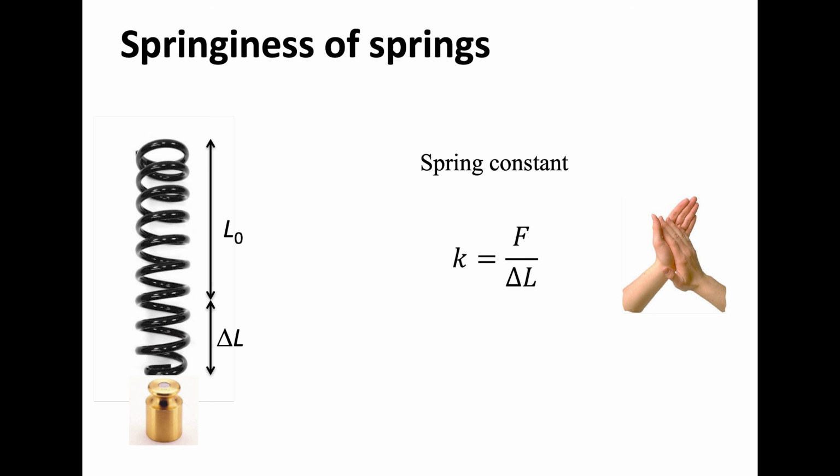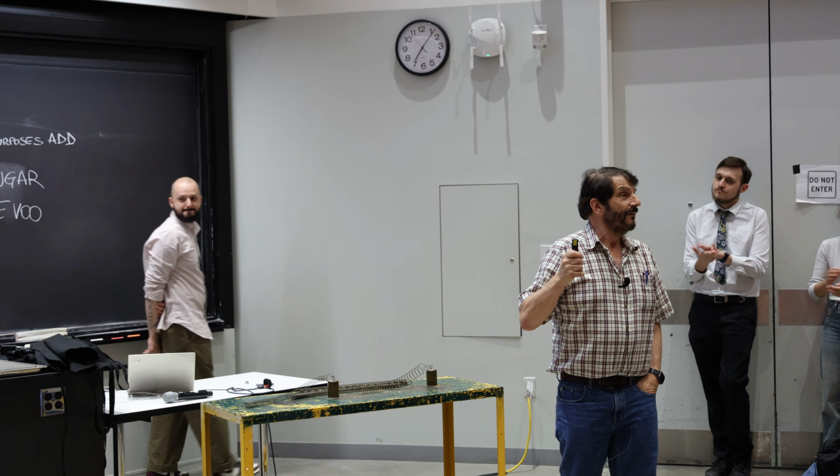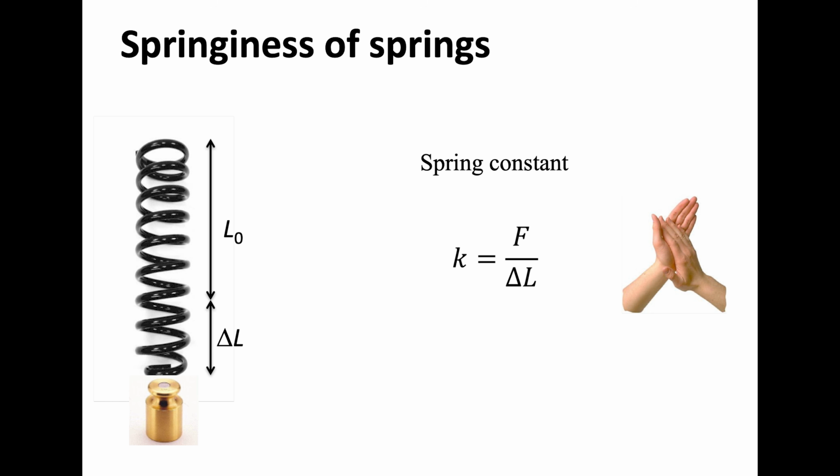The way you measure that is you put a weight on the spring and you measure how much it changes, how much longer it gets. And that's the equation. This is just the ratio of the force and the extension.